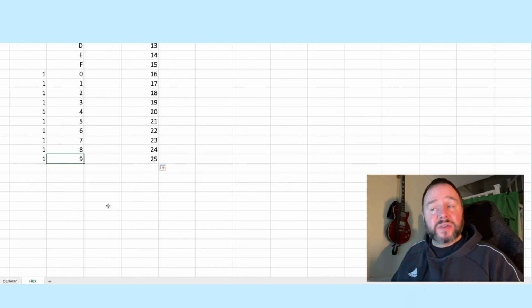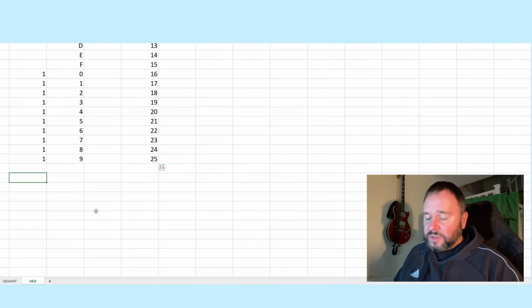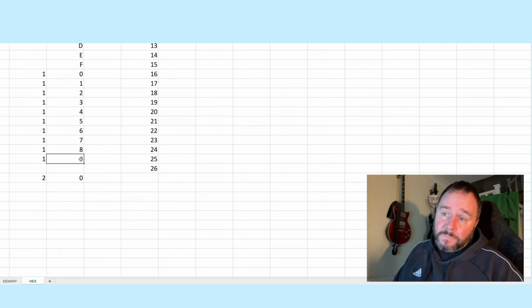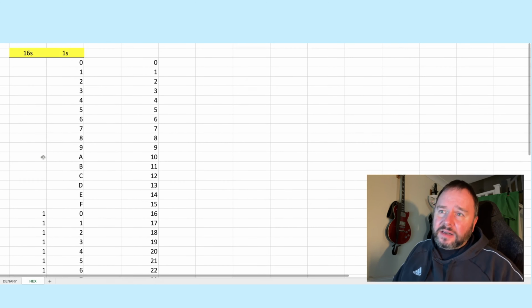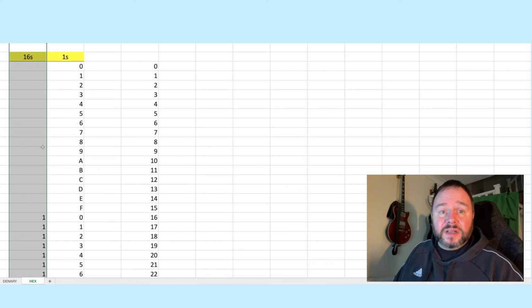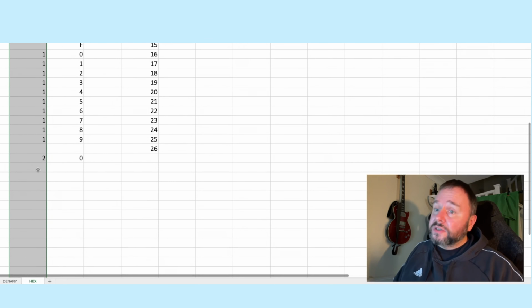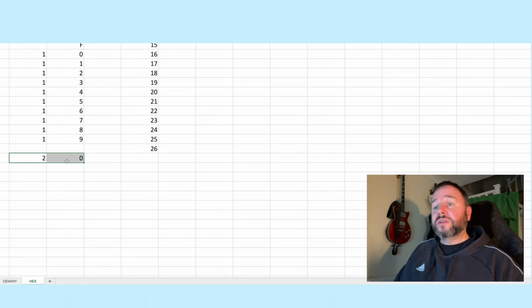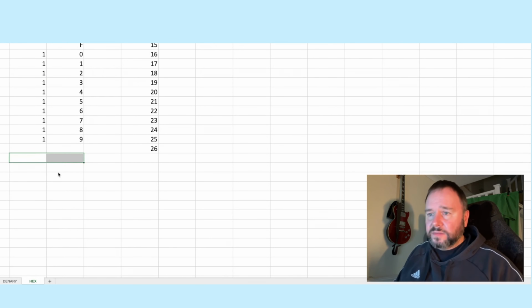Do you think we go into the next column to represent 26? Because we've got to 9, yeah? So we've run out and we go into the next column. But we haven't run out. And if we go to the next column, they're 16s, they're a group of 16s. What's 2 times 16? It's 32. So what we're saying is we've got 32. That's the number 32. Well, that's not right, is it?